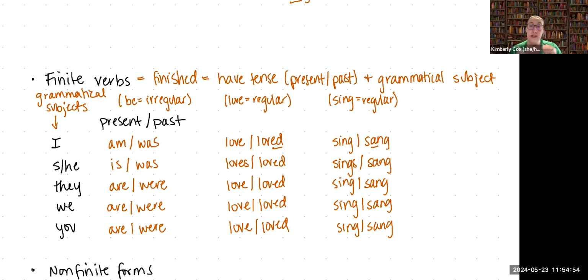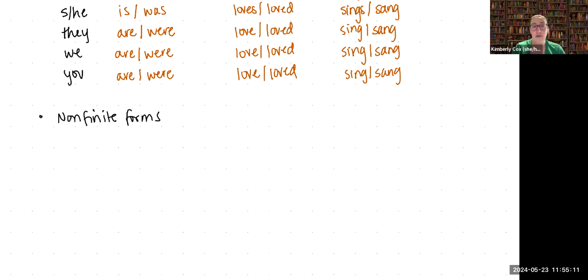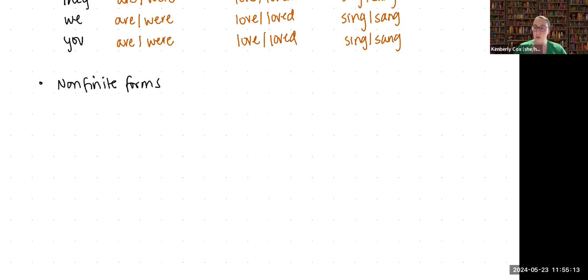Now, all of these are finite forms of the verb as long as they appear with the subject or with an implied subject. Where things start to get a little bit tricky or a little less familiar is as we start to move into non-finite forms of verbs. One way of thinking about them is as not finished forms of verbs.